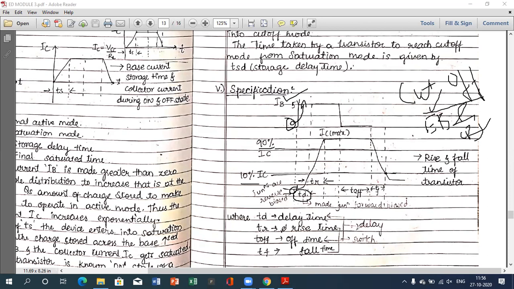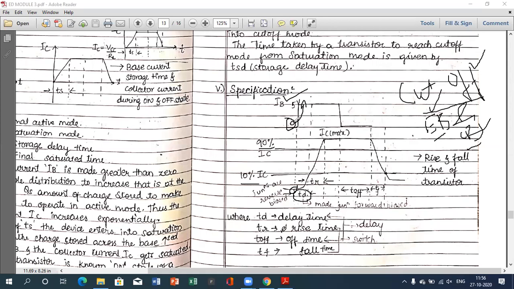I hope you guys are getting it. What I have done is considered one base current. When it is at 0, the transistor is in cutoff mode, meaning the emitter to base and collector to base junctions are reverse biased.